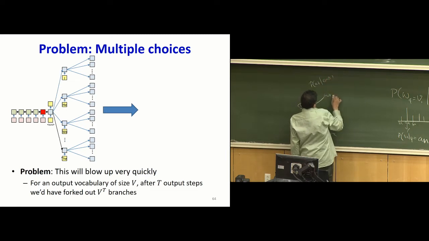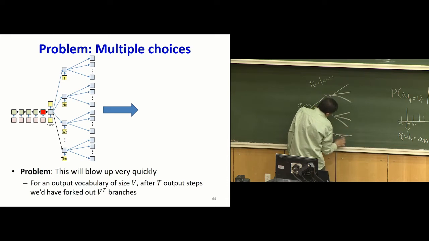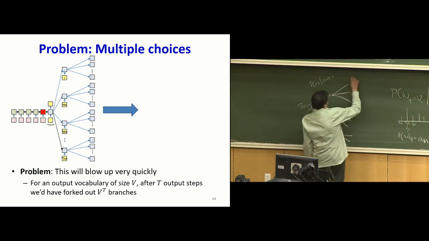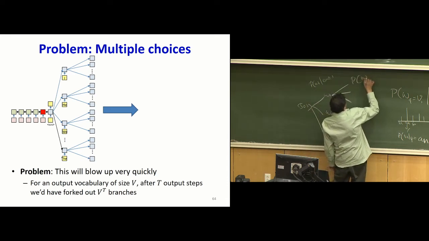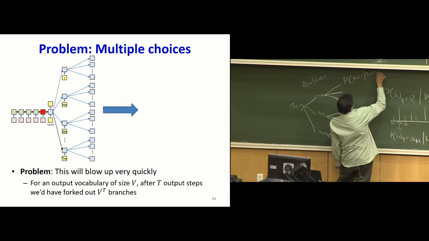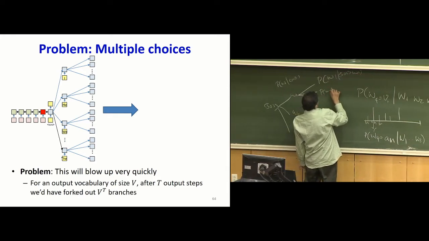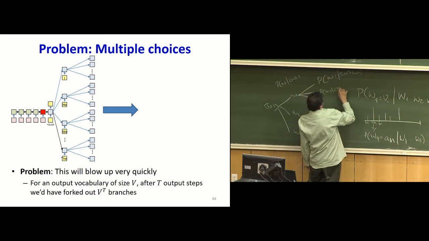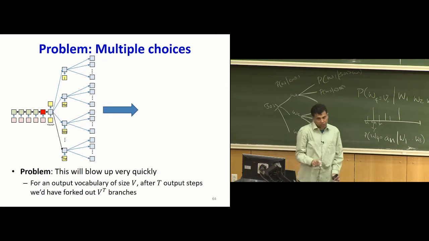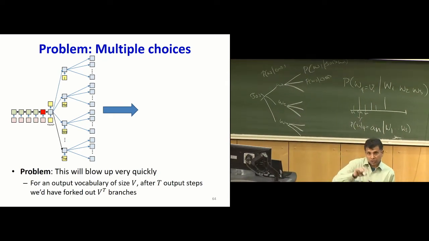Then from each of these, you're going to be computing the probabilities for every word in the vocabulary given all the words on the path, given all the words until that location on the path from the root of the tree until there.